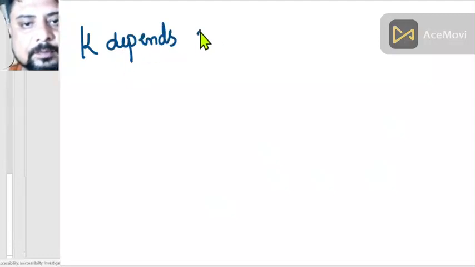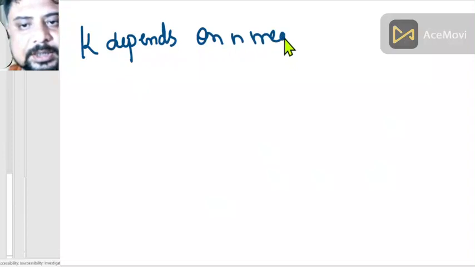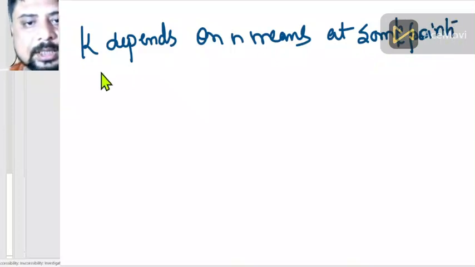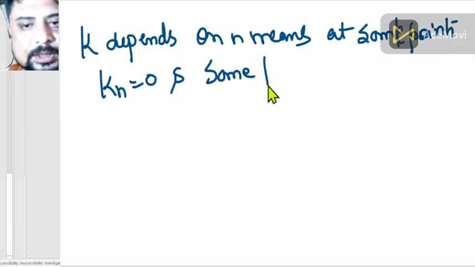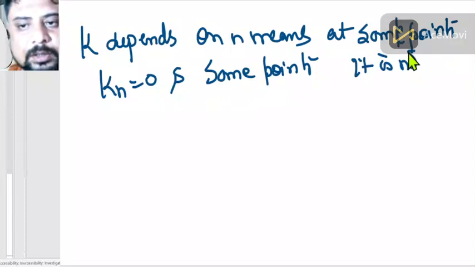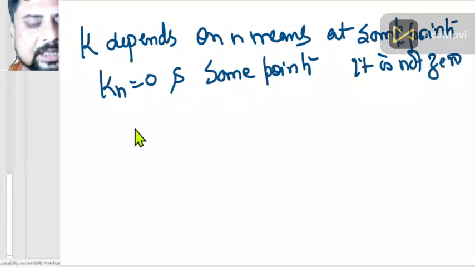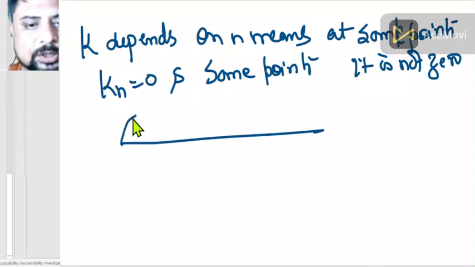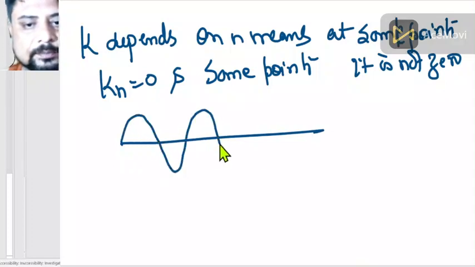Lambda is the wavelength. So at some points the wavelength is 0, at some points the wavelength will not be 0. That depends on n. So K depends on n, means at some points Kn is 0 and at some points it is not 0.